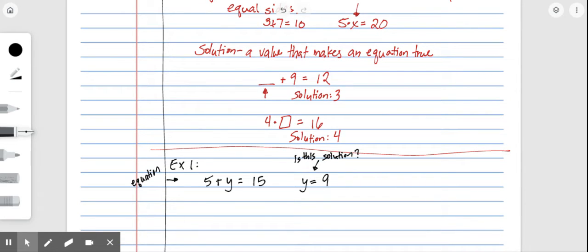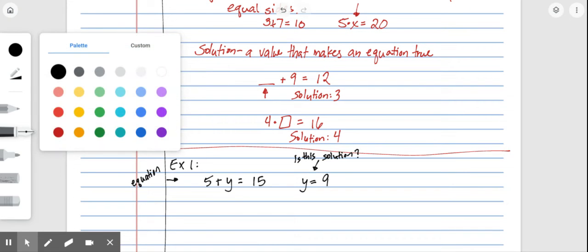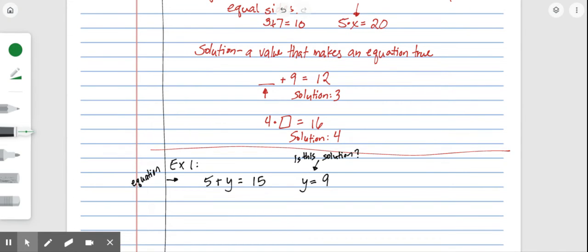So in order to check if it's a solution, we're going to use substitution. And substitution, if we recall that word substitute from first or second quarter, to substitute something means to replace it with something else. So we're going to substitute where we see that y in the equation, we're going to put the number 9.